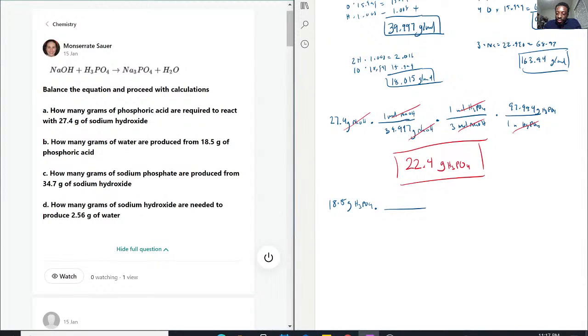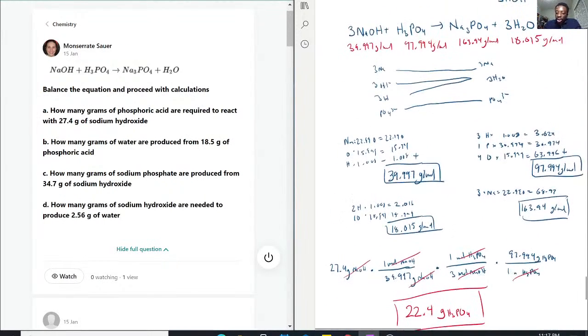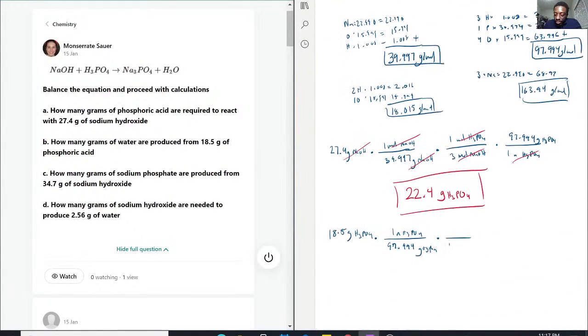We have 97.994 grams of H3PO4 for every 1 mole of H3PO4. And according to the equation, for every 1 mole of H3PO4, there's 3 moles of H2O.